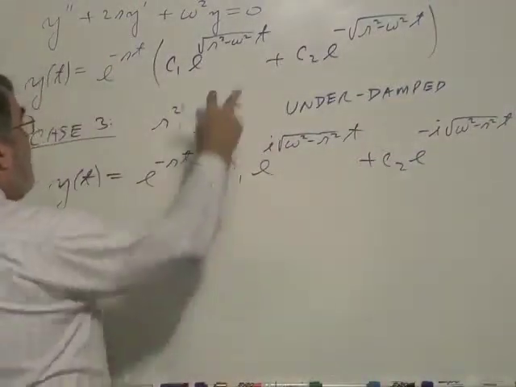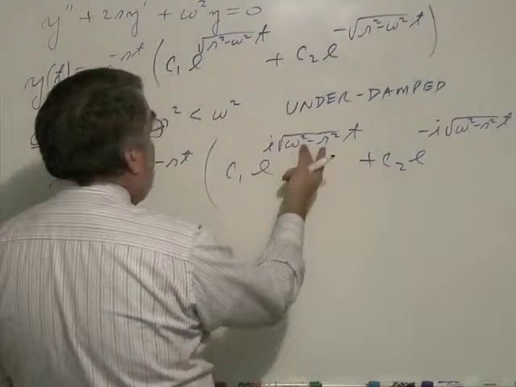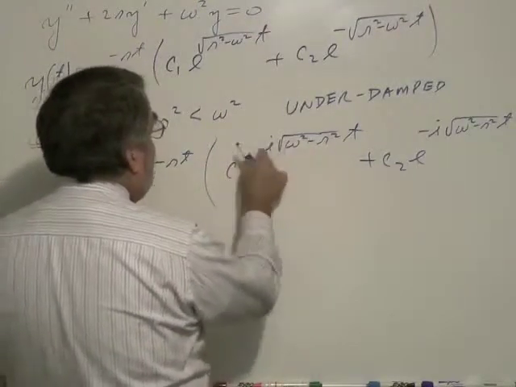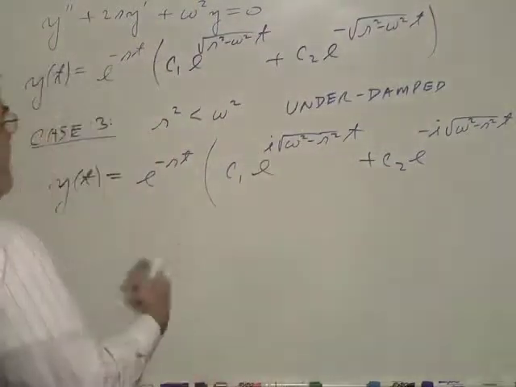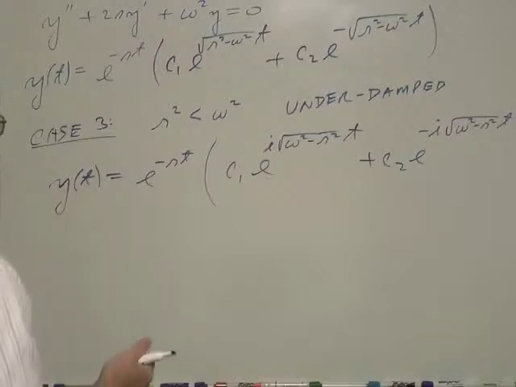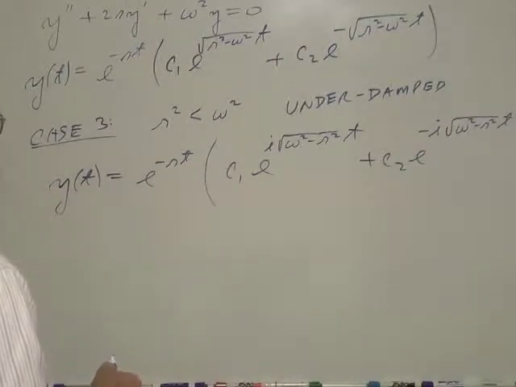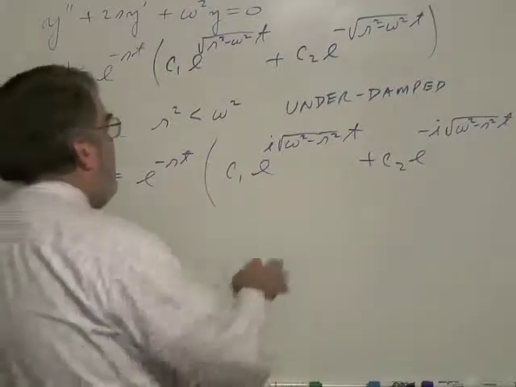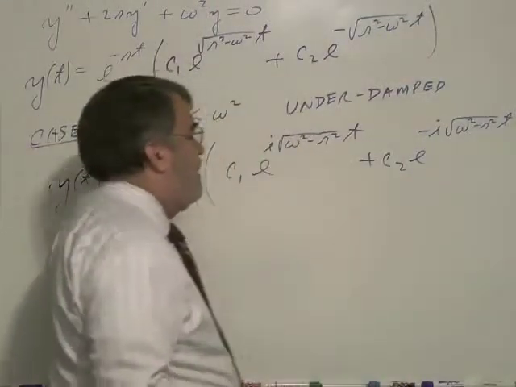So this was negative. By reversing it, this becomes positive, but I had to factor out the square root of -1, which is i. So we get the case where this is kind of a plus or minus complex number situation.